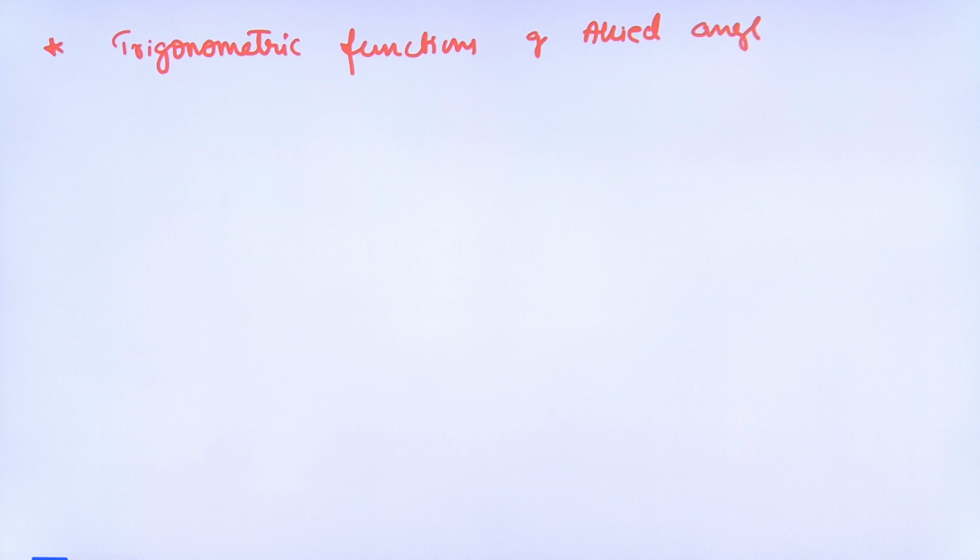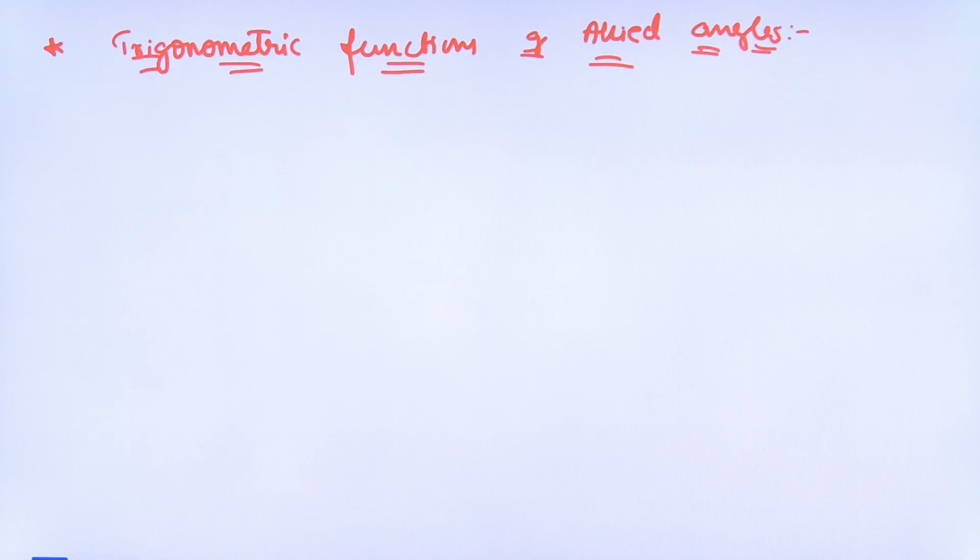See students, here we'll study only sine and cos, but the same things are applicable to tan, cot, secant as well as cosecant. I'll tell you that later, in the next video. Here you understand how to use trigonometric functions of allied angles only for sine and cos. Okay, students? So look at this point, everyone.